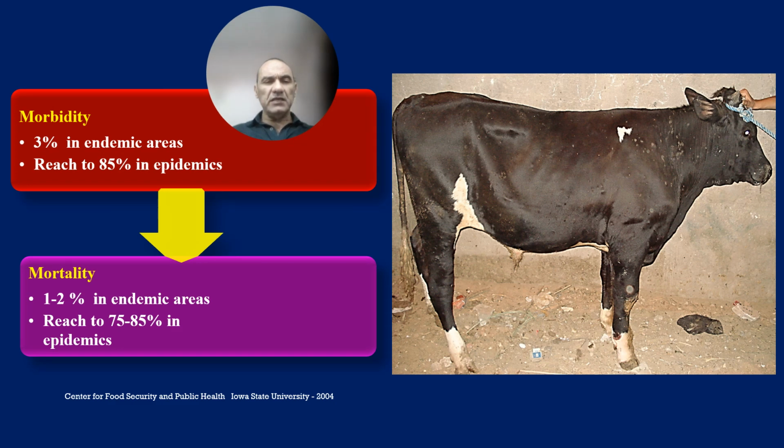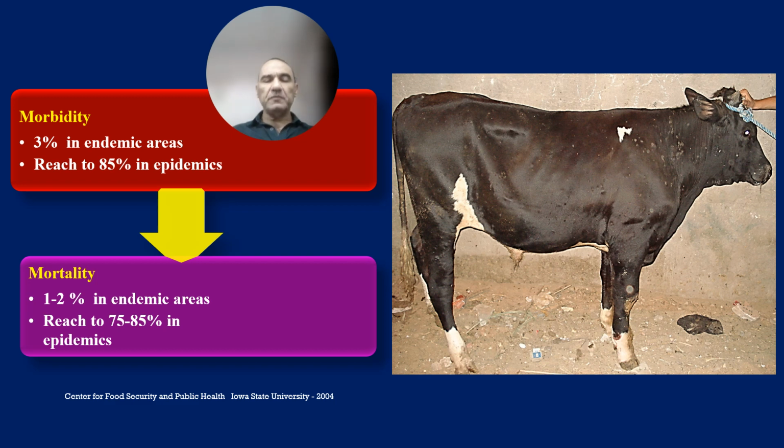The morbidity rate in endemic areas is reported around 3% and reaches 85% in epidemic areas, while the mortality rate in endemic areas is around 1 to 2%, while mortalities reach 75 up to 85%.